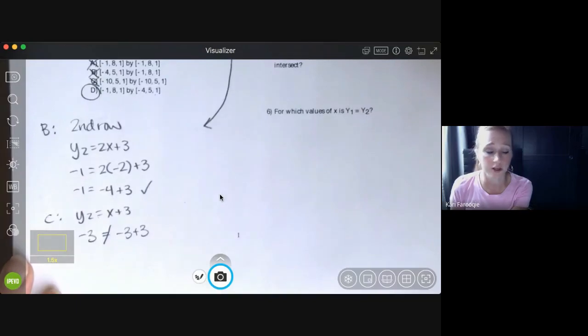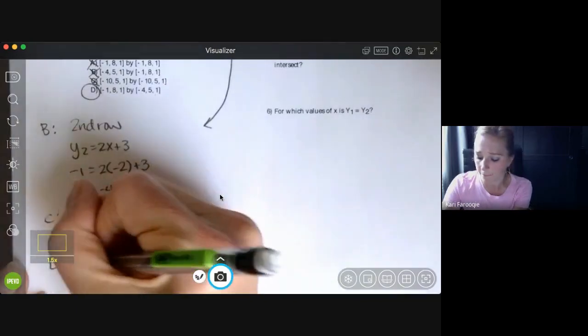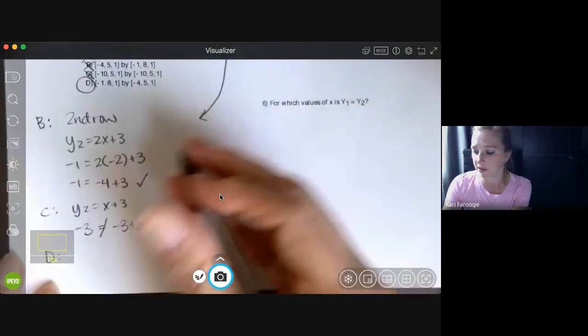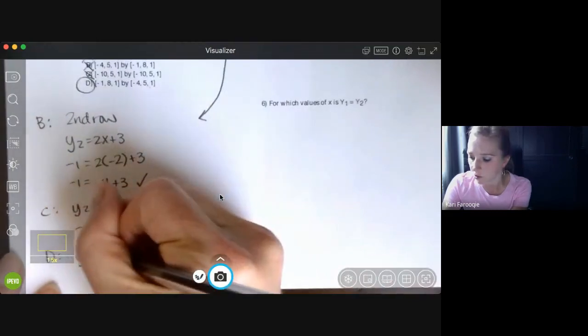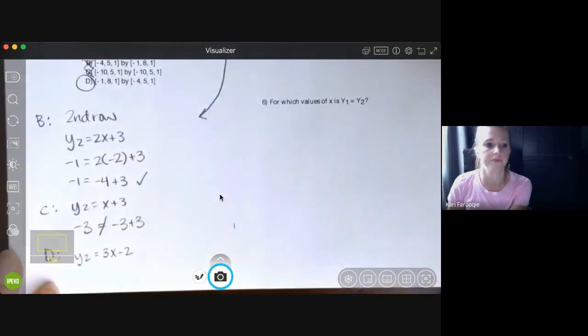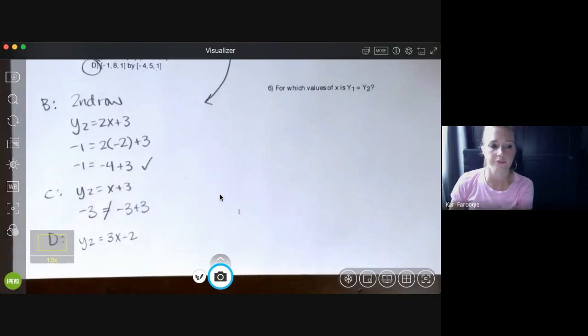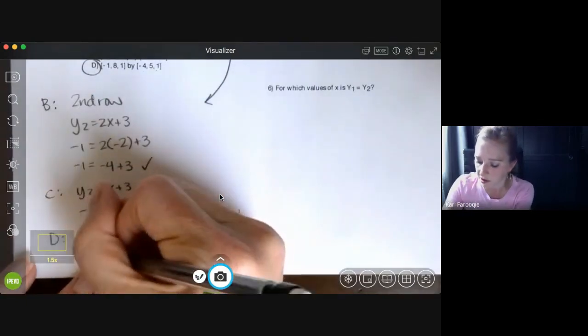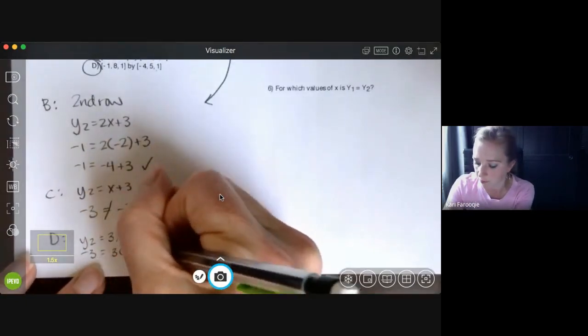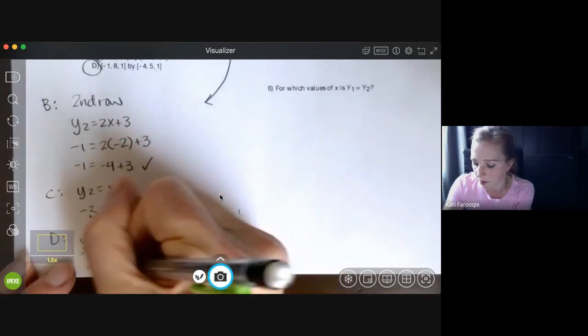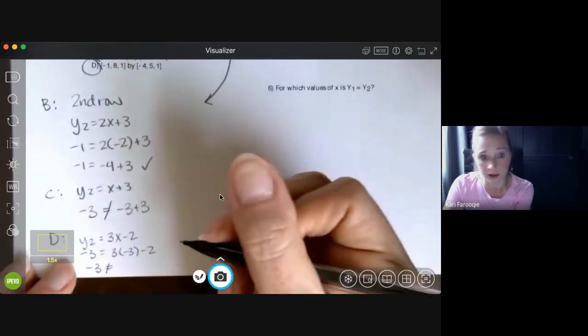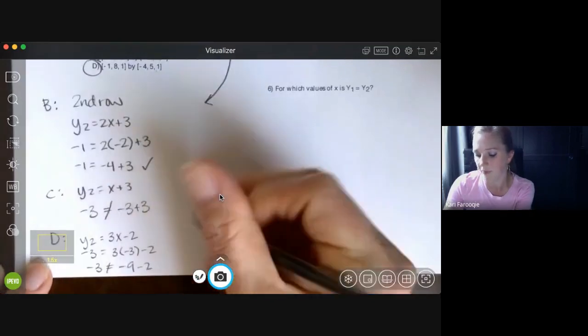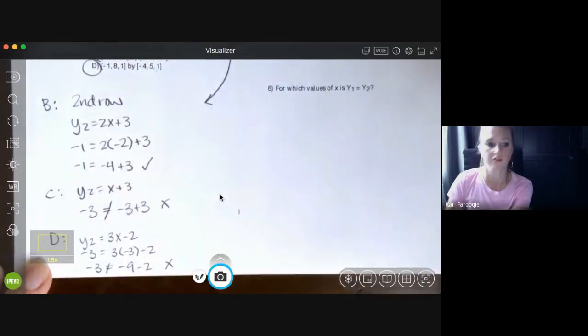So already you've excluded C. And then you can work on excluding D. D was y sub 2 equals 3x minus 2. So plug in the values that you see in the first row. Clearly, these are not going to be equal. And we can exclude C, we can exclude D.